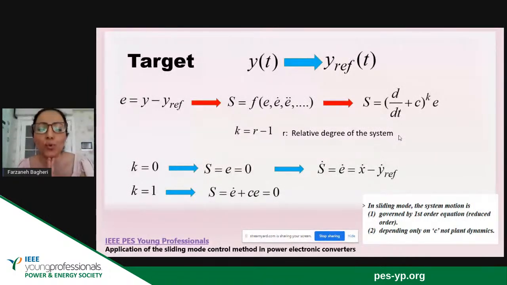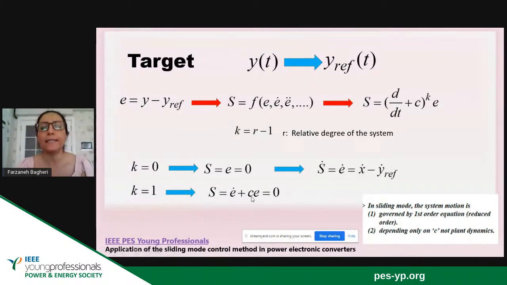So let us go through finding the value of k and some examples of the sliding function. For example, if k is equal to 0, our sliding function will be equal to e because k is equal to 0, so s is equal to e. And if k is equal to 1, then our sliding function is d over dt plus c times e, which means that we have e dot plus c e.